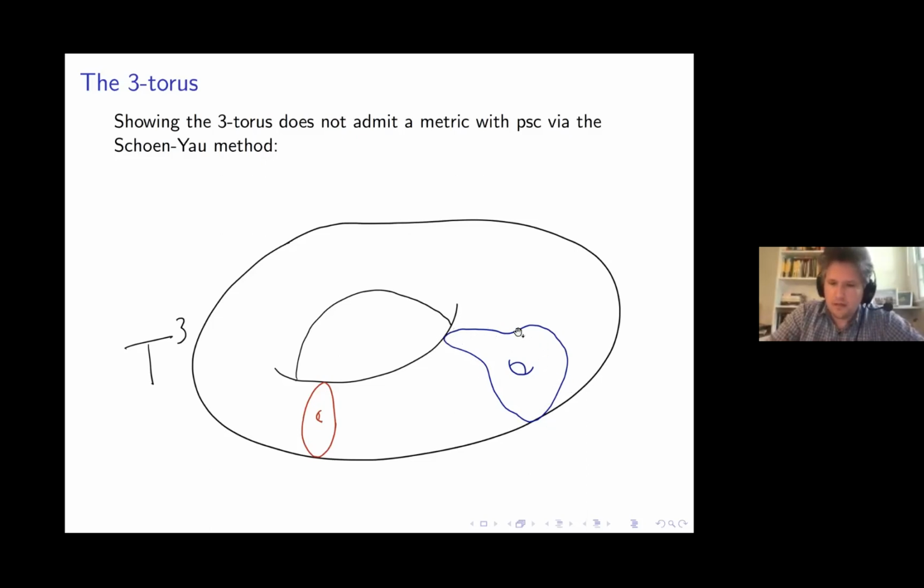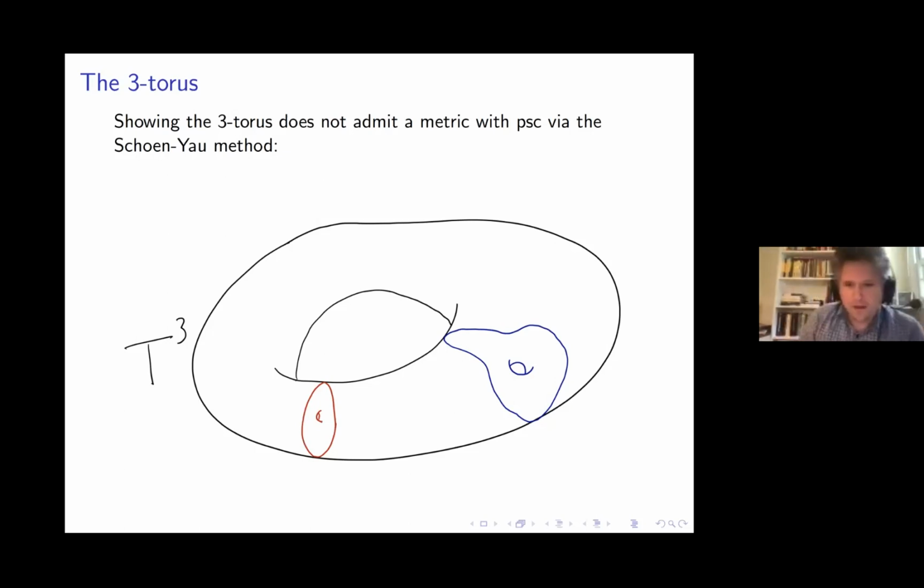And they prove that that process of minimizing area will always find one that is stable, so it minimizes area up to second order for local perturbations. And basically that's a contradiction, because if the three-torus has a metric of positive scalar curvature, this cannot exist. You can only find spheres. So via minimization, that's how the result goes.